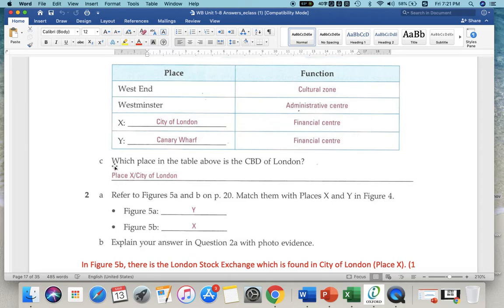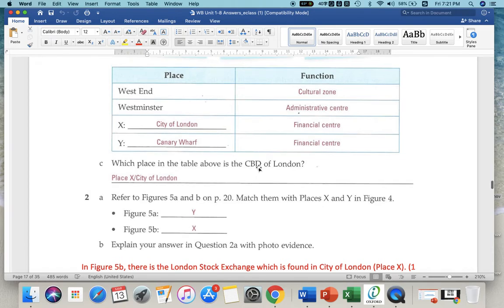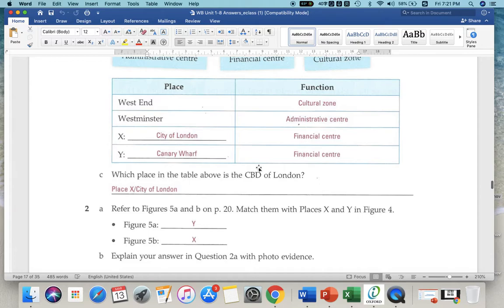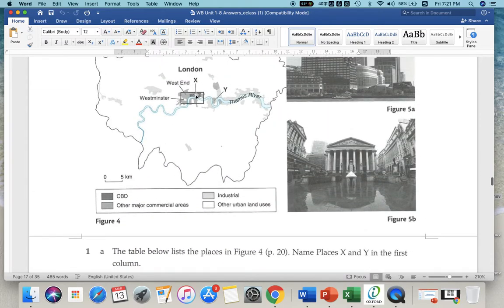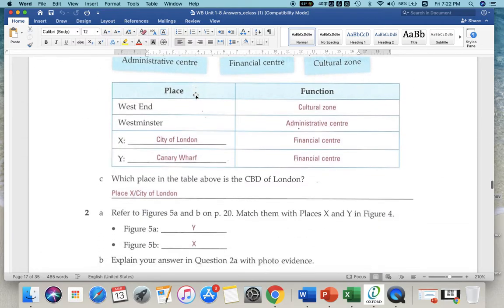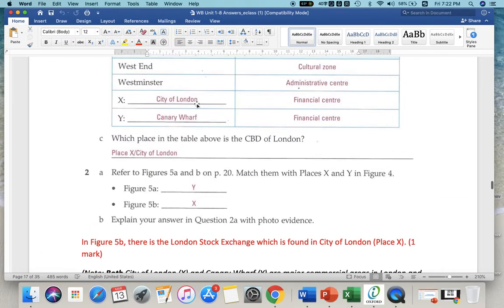And it asks question C, which place in the table above is the CBD of London, the Central Business District, where the business activities are concentrated. It should be place X right here. Or you could write the name of it as the City of London.